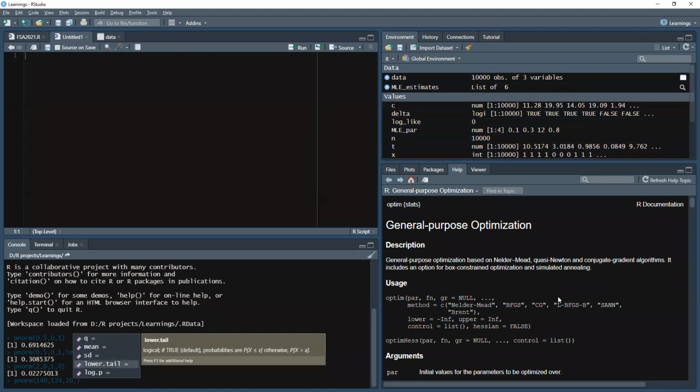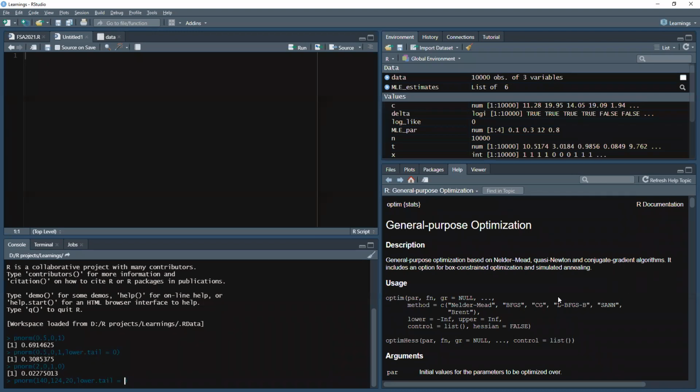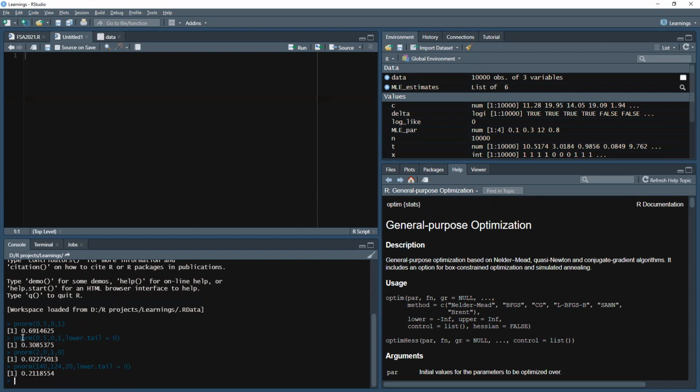So for lower tail, what do I need to put, guys, if I need to calculate the probability that X is greater than or equal to 140? I need to put false, right? I need the right tail, so we'll put false here. So the probability then is around 21%.